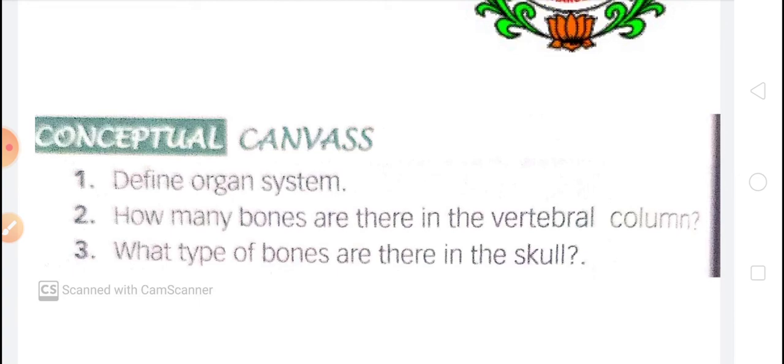These are the different parts of our digestive system, and all these parts work together to perform the function of digestion. So these are called organ systems. So how will you define this? A group of organs that work together to perform a particular function is called an organ system. I hope you understood.